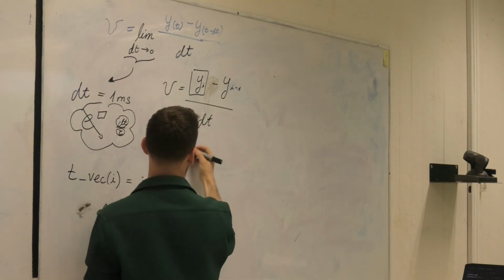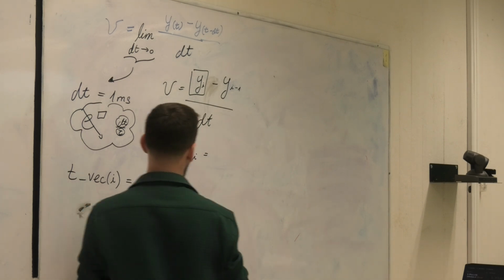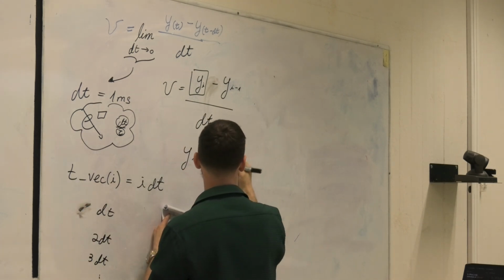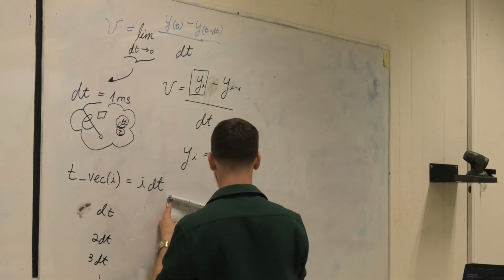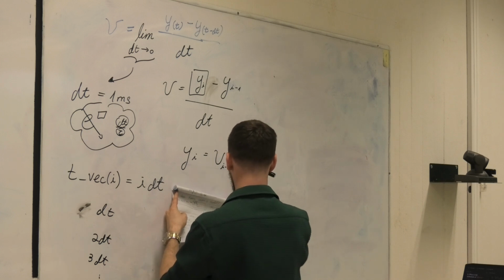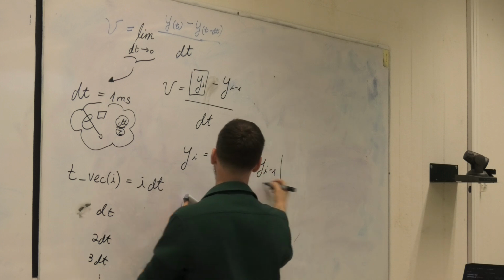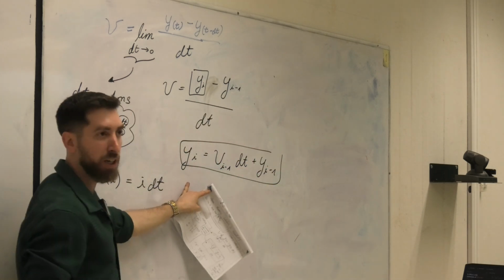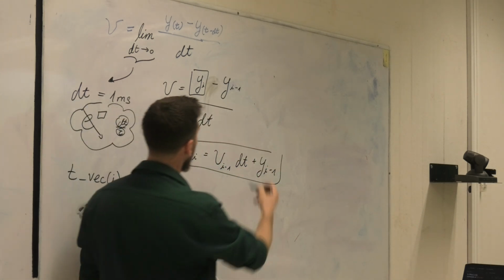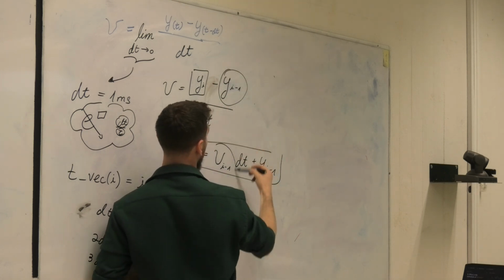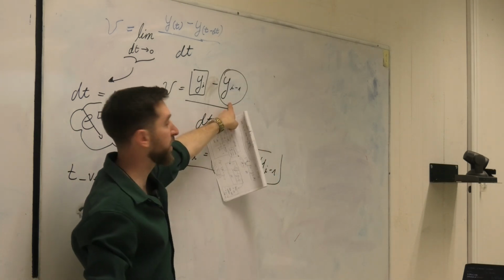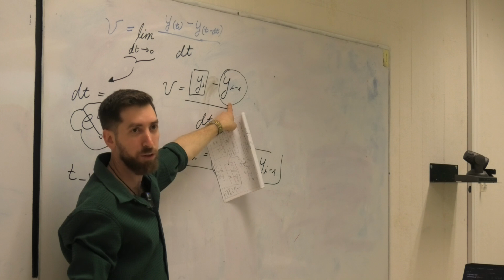So if I reorganize this, if you know v one step before, and you have your dt, plus yi minus 1, you can tell the location of the particle. So what you actually need is an initial condition. If this is given, what is the initial height of the particle?